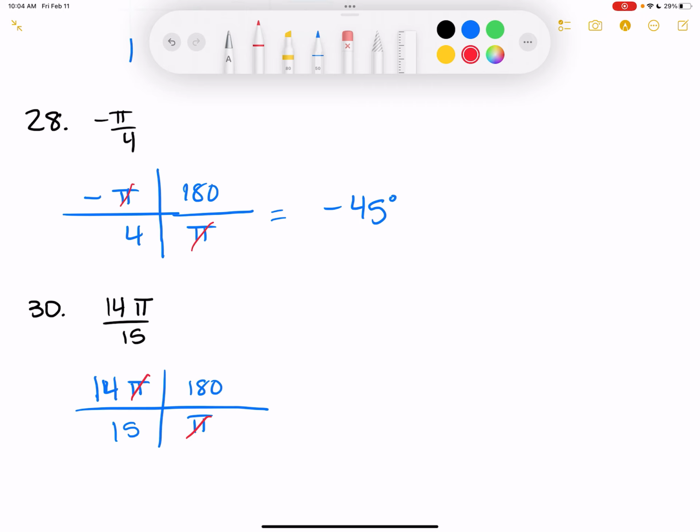How many times can 15 go into 180? Twelve times. So that cancels, leaving you with 12. So now I just have 12 times 14. I got it, I can do it.